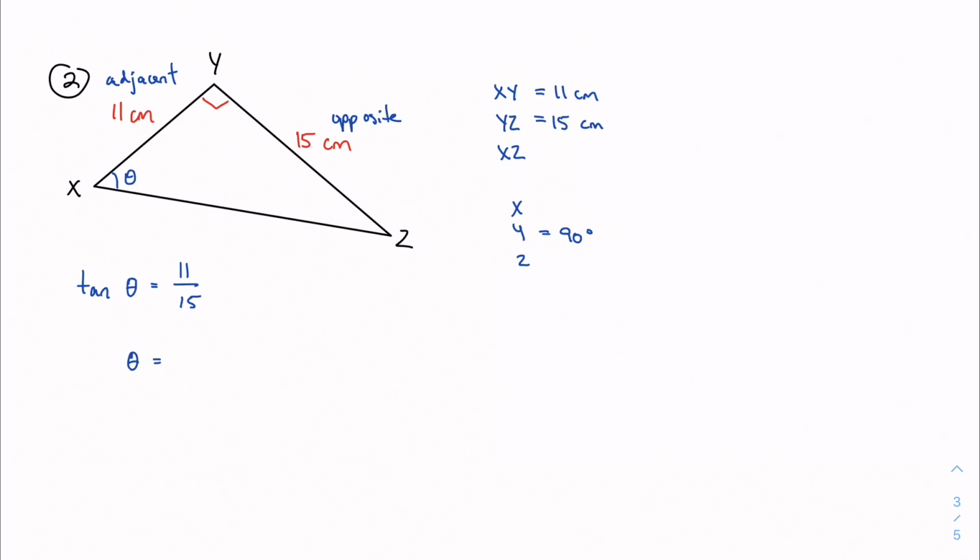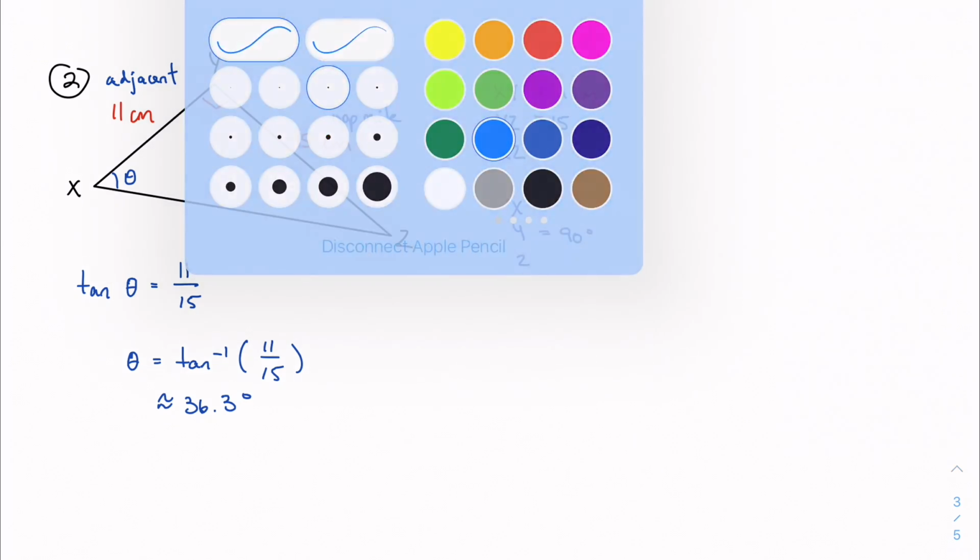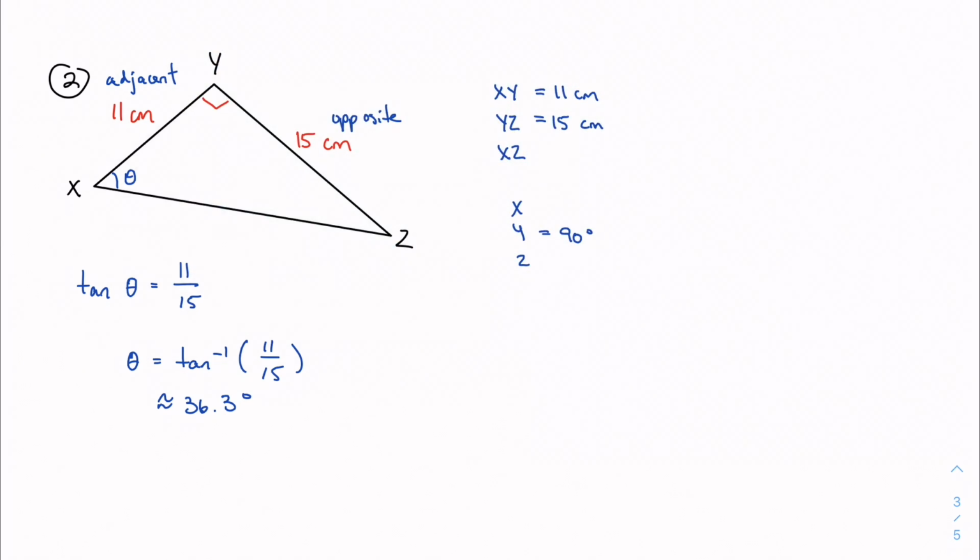So if tangent theta is 11 over 15, theta is inverse tangent of 11 over 15. Just a quick calculator operation, and I get approximately 36.3 degrees. This is tangent x, so I should be consistent here. X is 36.3.